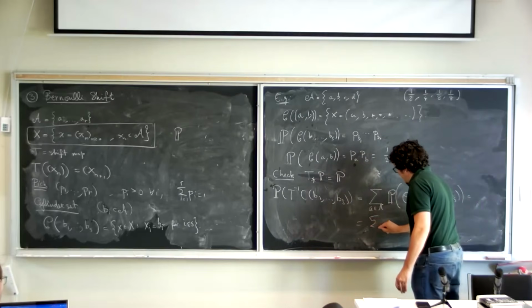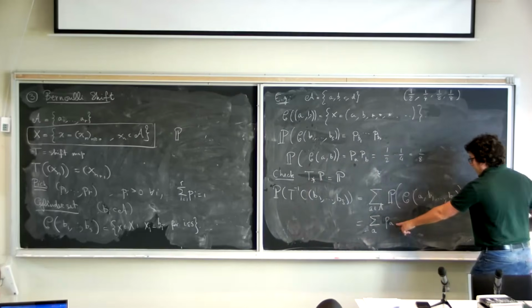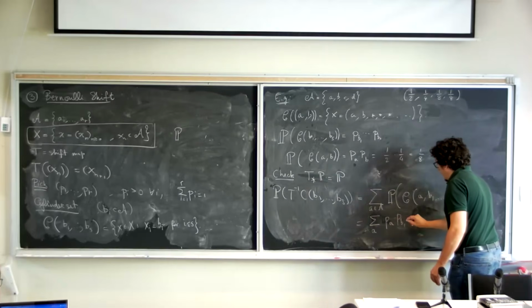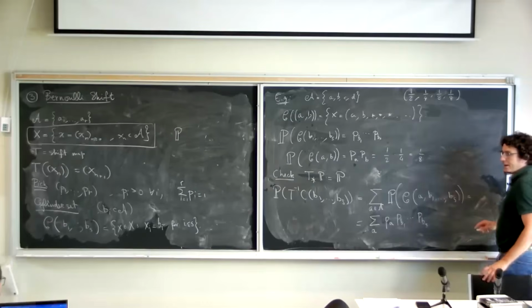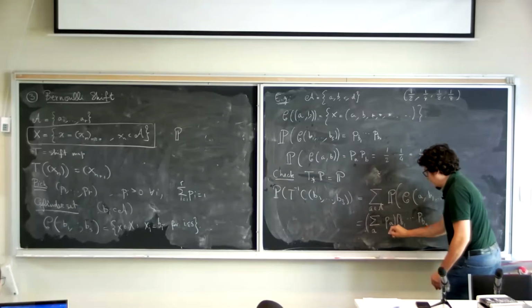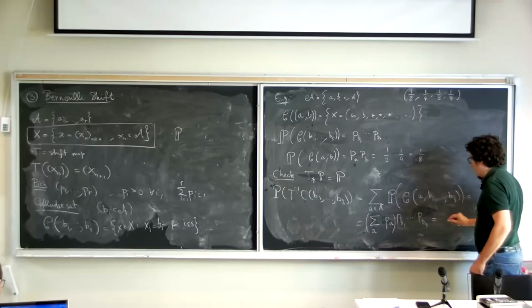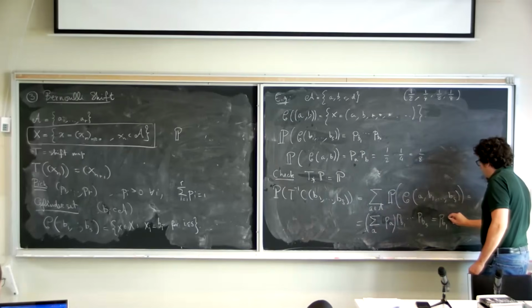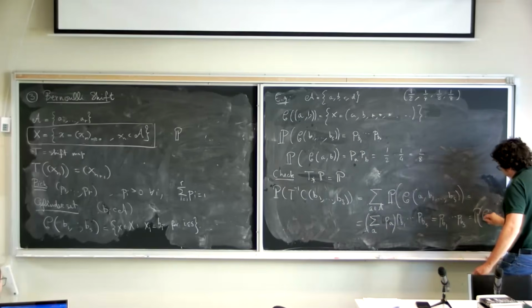So it's the sum over A of PA times PB1 times PBs. This does not depend on A, so we can take the sum of those, and this is a probability, so it is 1. So this is PB1 through PBs, which is the probability of the original cylinder set CB1 through Bs.